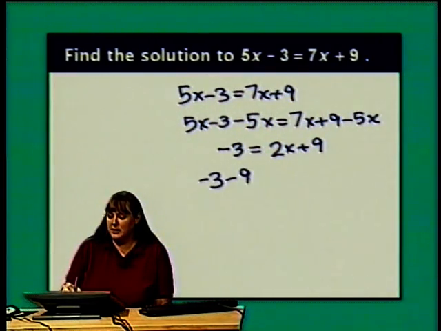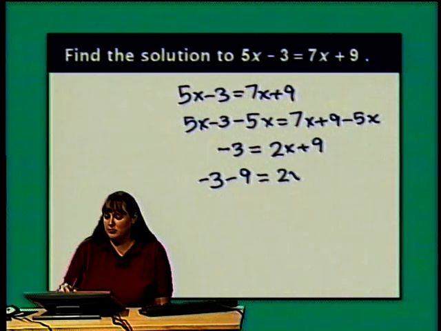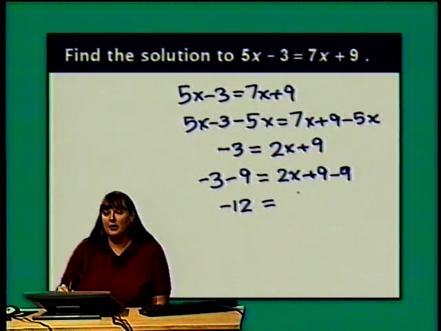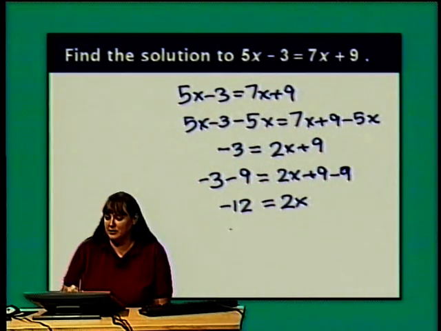So negative 3 minus 9 equals 2x plus 9 minus 9. Negative 3 minus 9 is negative 12. And 2x plus 9 minus 9 is just 2x. Now to isolate x, I need to divide both sides of the equation by 2, the coefficient of x.